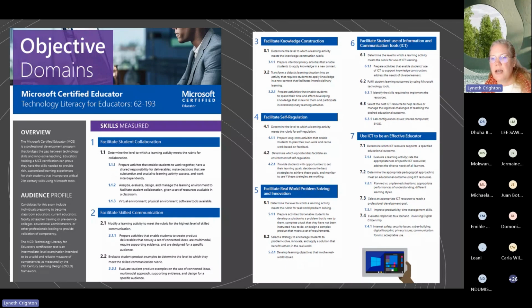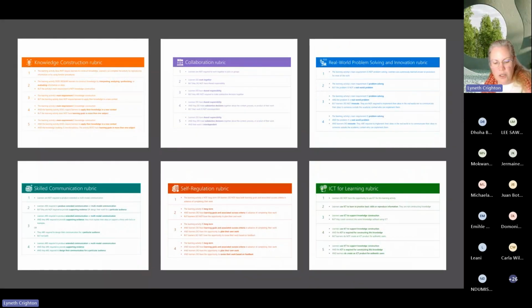You can see the learning outcomes that are required. Then, based on these, most often this is the rubric version that is given in the test, a rubric that you can refer to. So it's very important, I suggest, to print this out and work through it and be completely familiar with it.